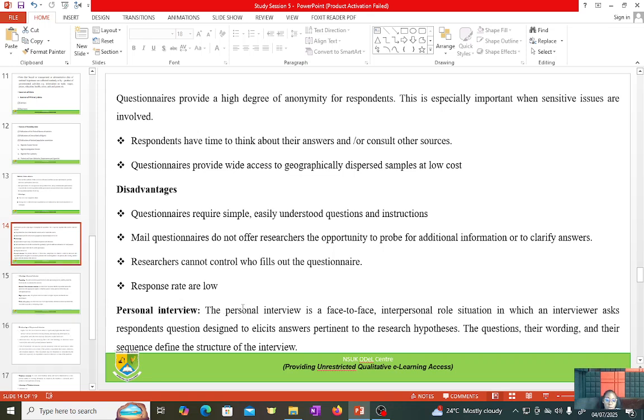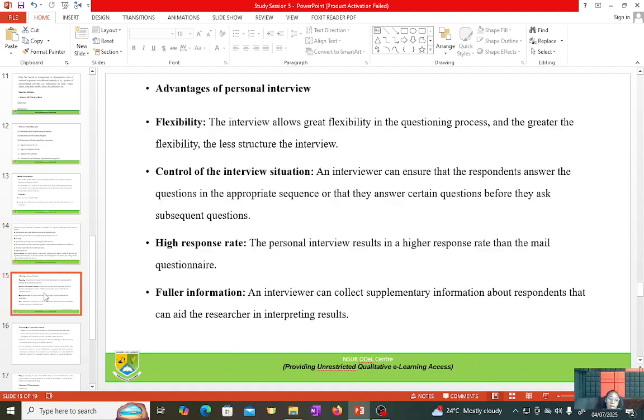Personal interview. A personal interview is a face-to-face interpersonal role situation in which an interviewer asks respondents questions to elicit answers pertinent to the research hypothesis. We have the advantages: flexibility.